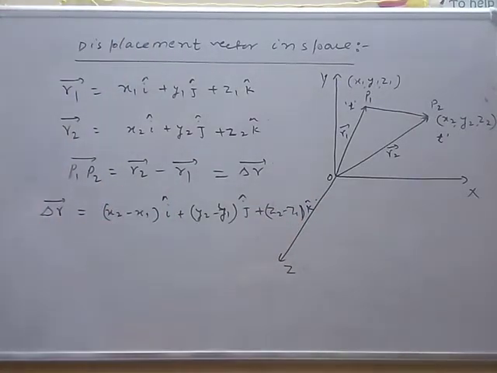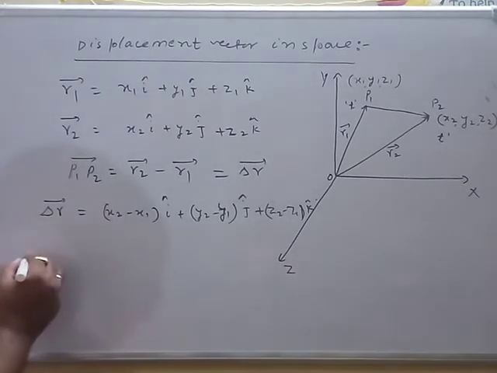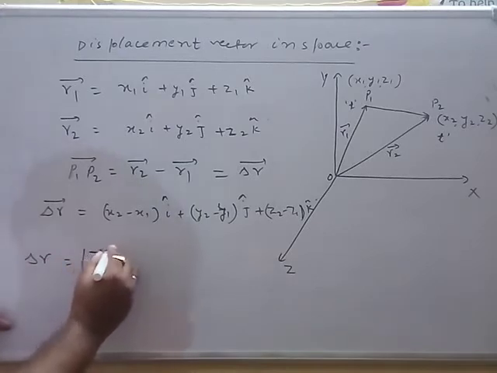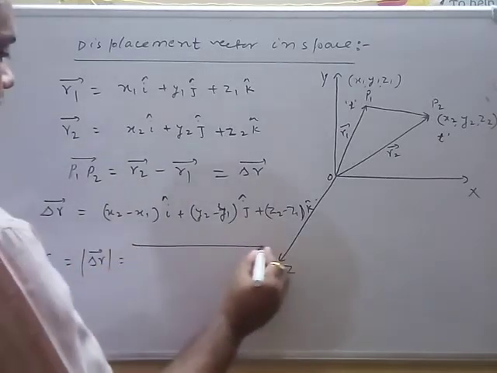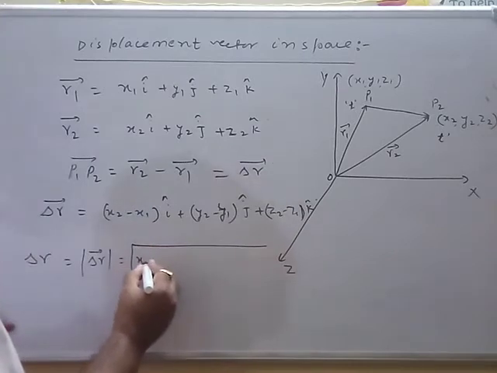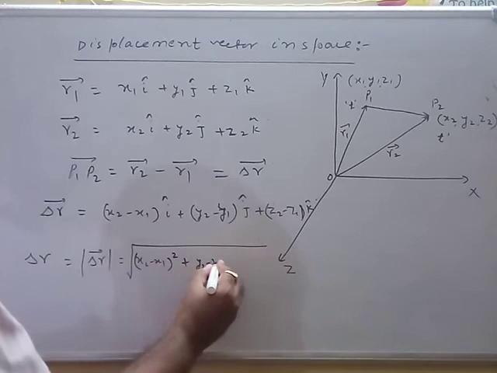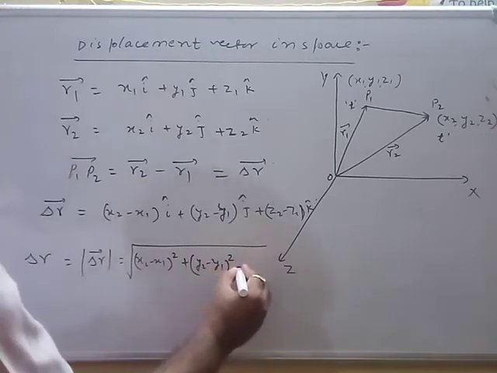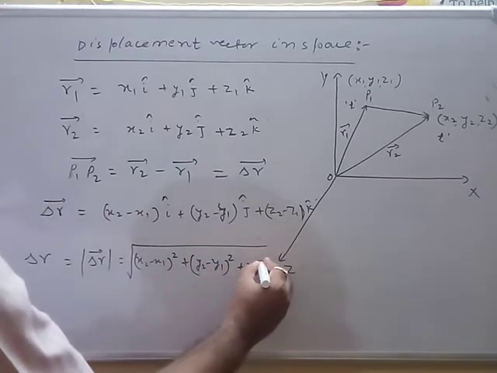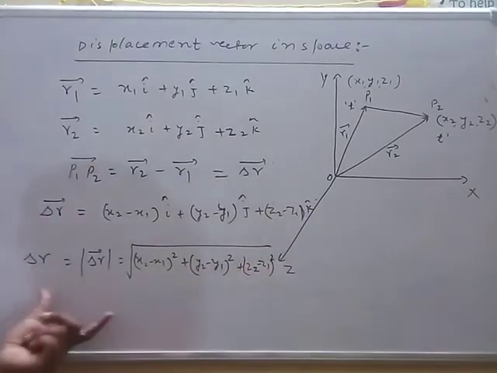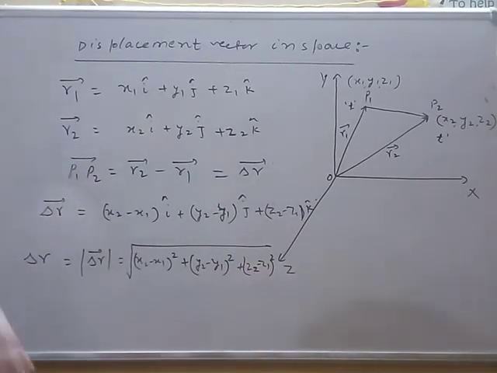This is the displacement vector, and mod delta r equal to square root of x2 minus x1 whole square plus y2 minus y1 whole square plus z2 minus z1 whole square. This is the magnitude of displacement vector.